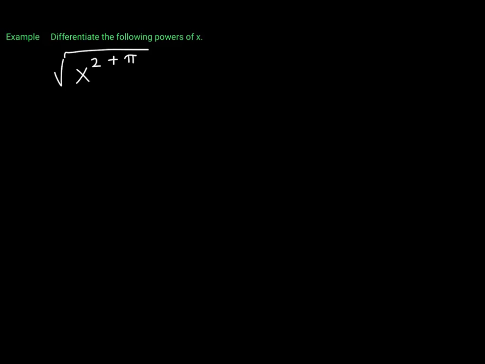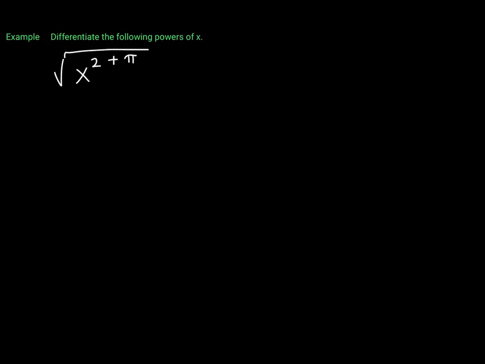In order to use the power rule, what is x being raised to? I'm not really a big fan of how this is written, because x is being raised to the power of 2 plus pi, but it's also being raised to the power of 1/2 because of the square root. So I want to rewrite this so that I have just x raised to some power.